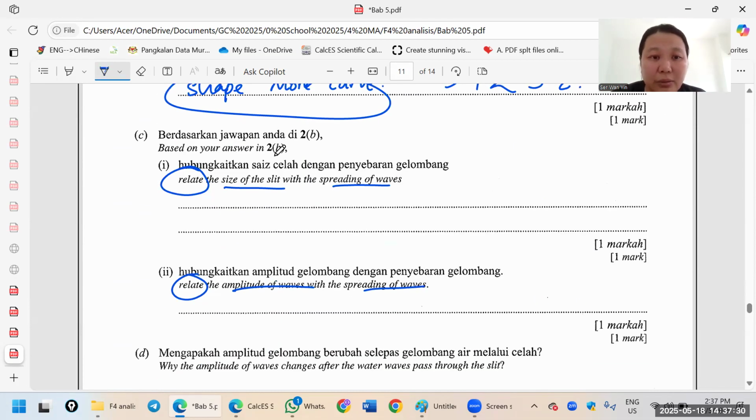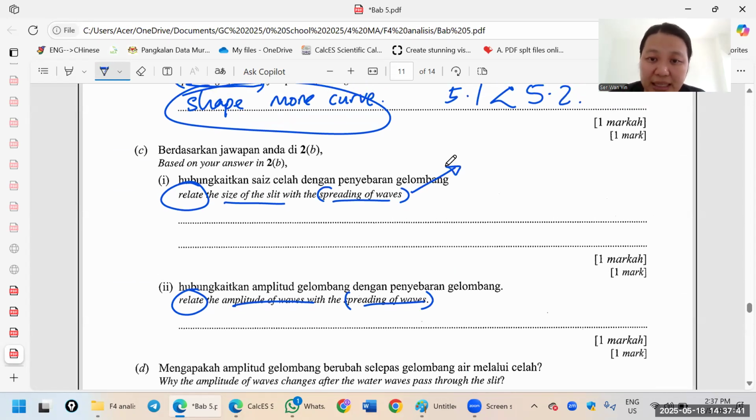Now, here, they say what? Relate the size of slit with the spreading of wave. So this question, spreading actually means the shape, means more curvy. But spreading is not a physical quantity.